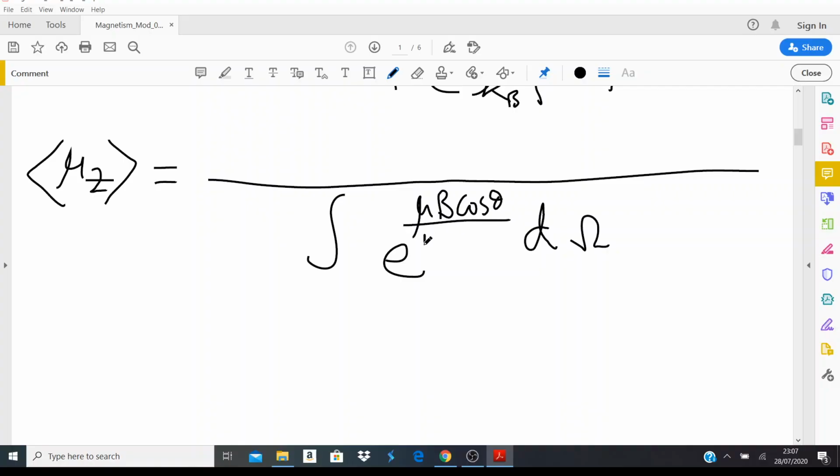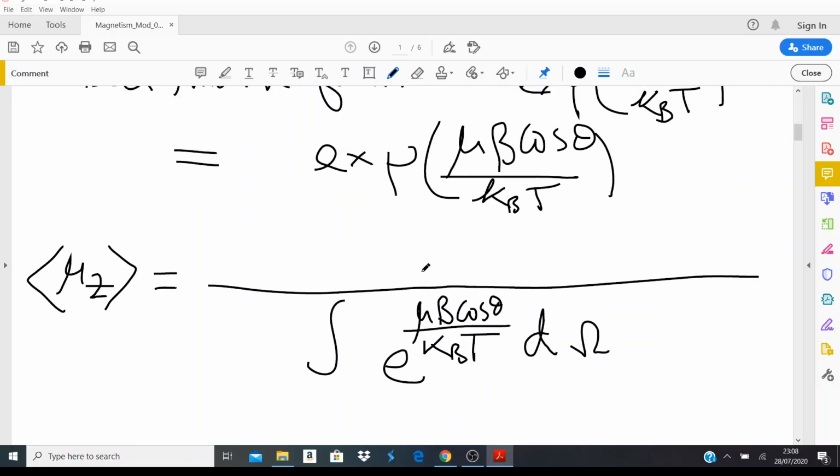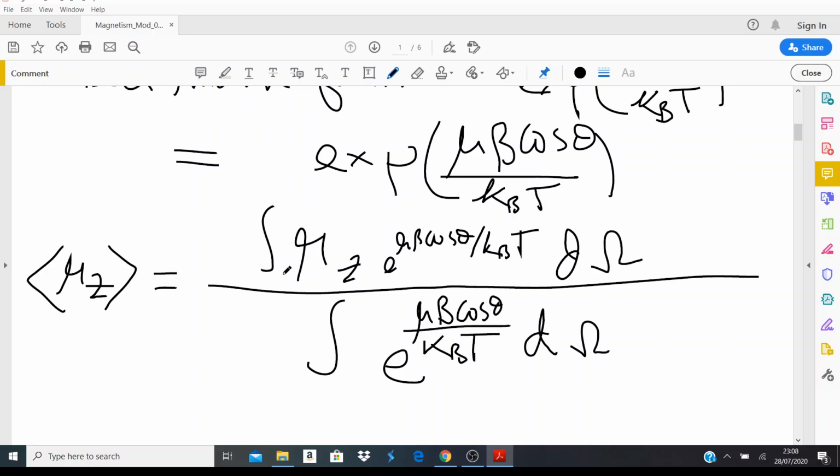So this quantity is called Boltzmann weight, Boltzmann factor, many names, but the same quantity. And in the numerator, we have mu z times the weight, which is mu B cosine theta by kBT, and you're integrating over the whole solid angle, right? So we have a numerator and the denominator.